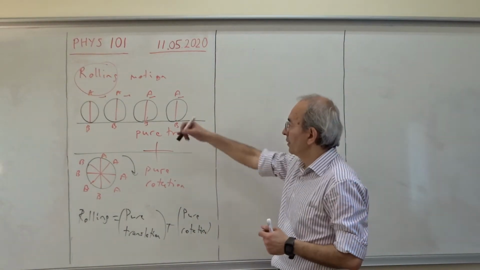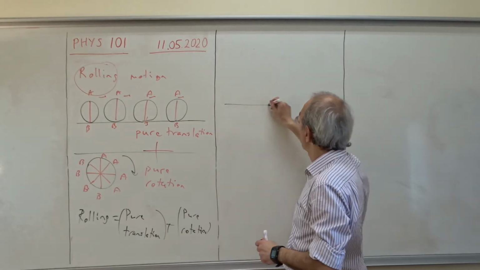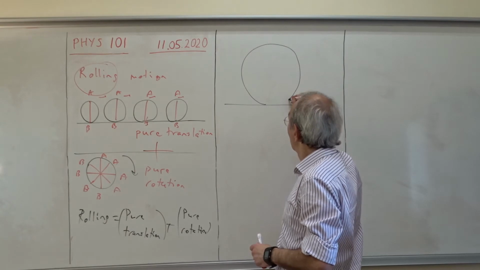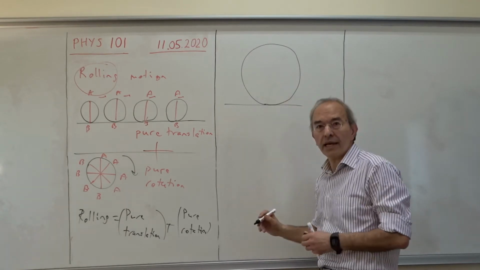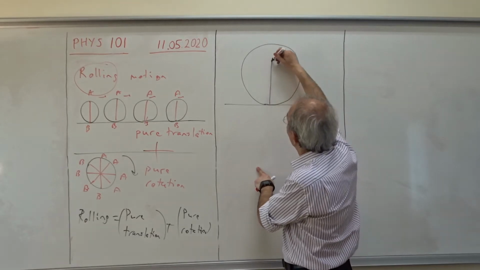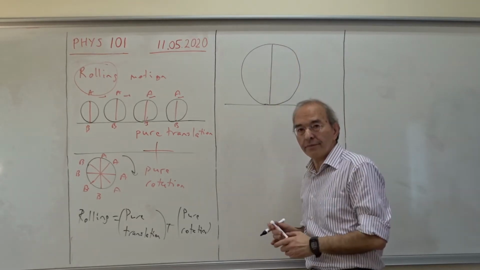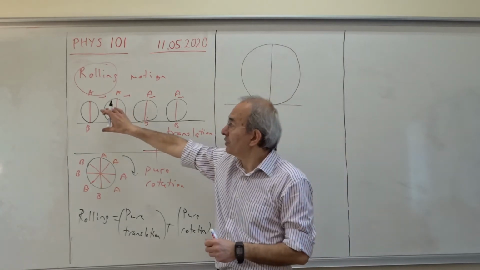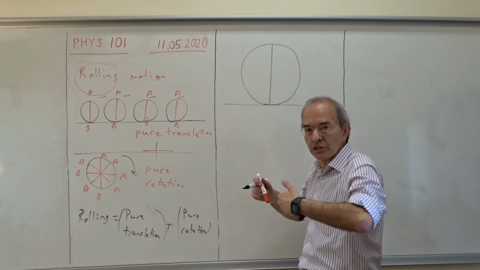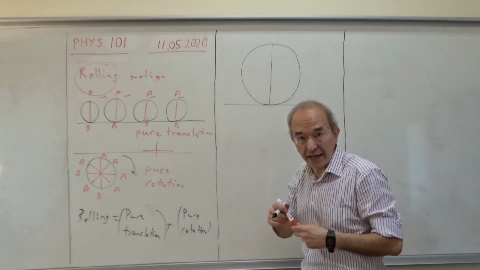For instance, for any case, assume this is the object, the wheel, and it is moving. If it is just moving in this case, it has some velocity vectors along the different points of the diameter.